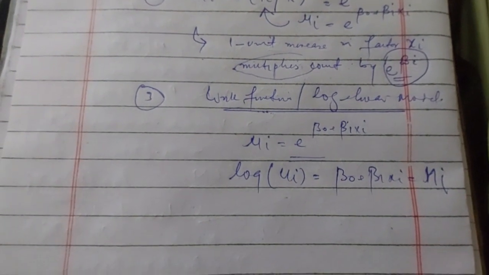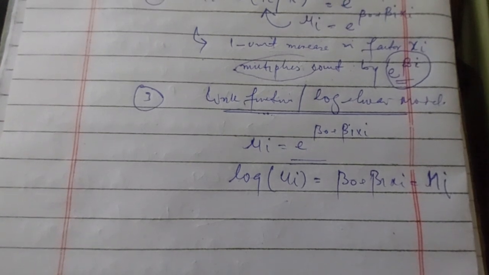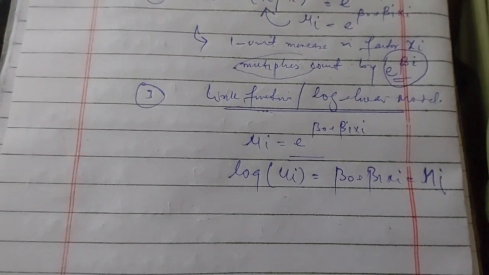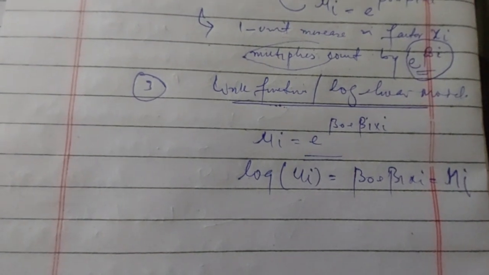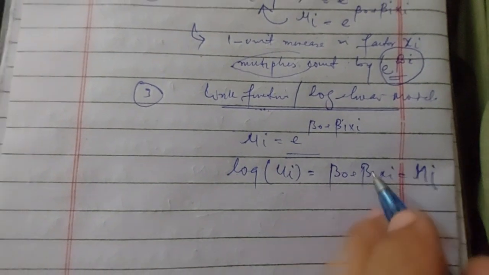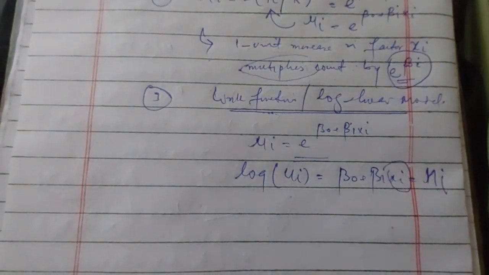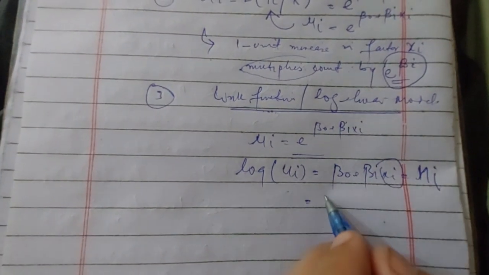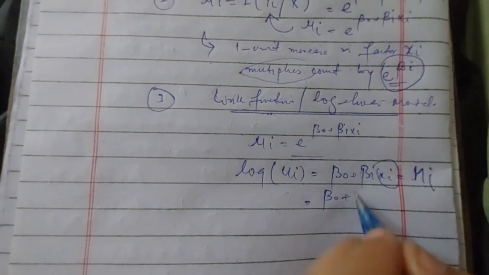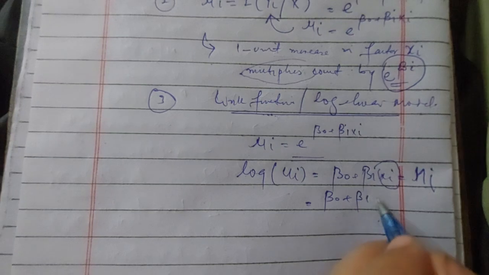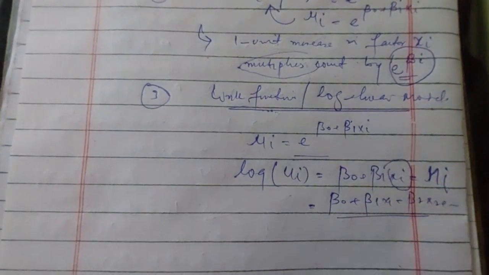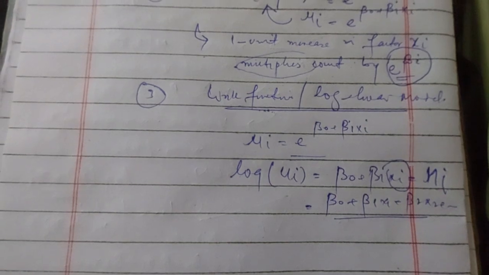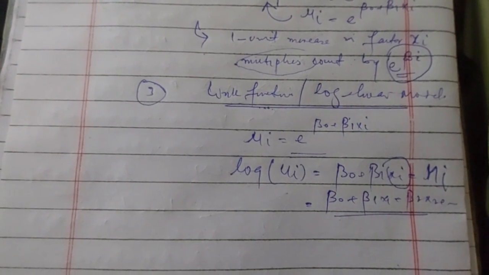So the log link function converts it into a linear combination of the explanatory variables. These xi's are the explanatory variables. It converts it into a linear form, just like a linear regression model, depending on how many predictors or explanatory variables we have.